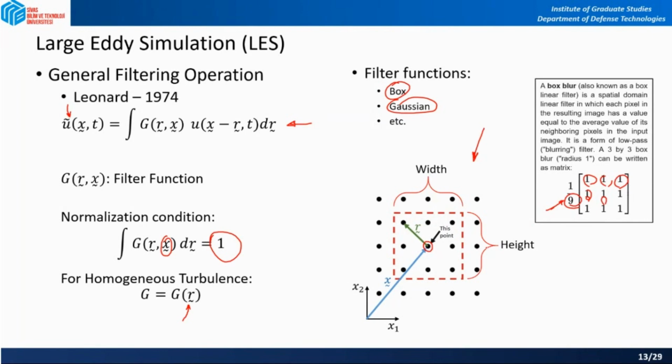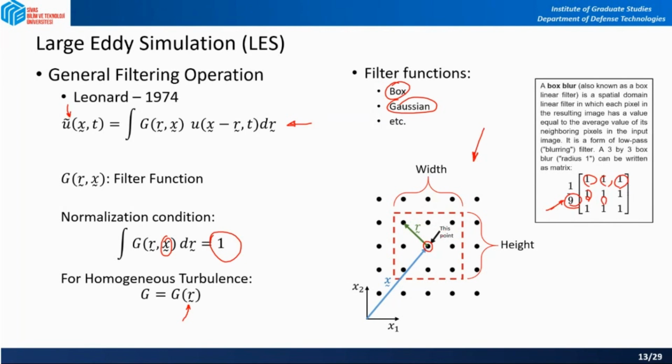For example, I can give some weight to the points, or I can use more points. Instead of 3 by 3, I can use a 5 by 5 or 7 by 7 box, and give more weight to the points that are closer to the original point, and less weight to the points that are farther away from the central point.